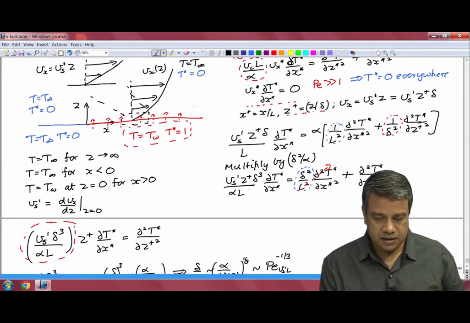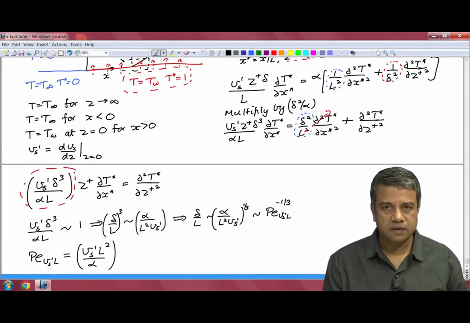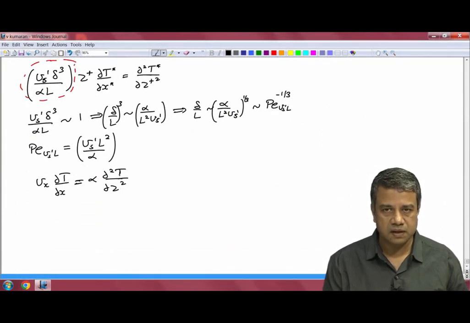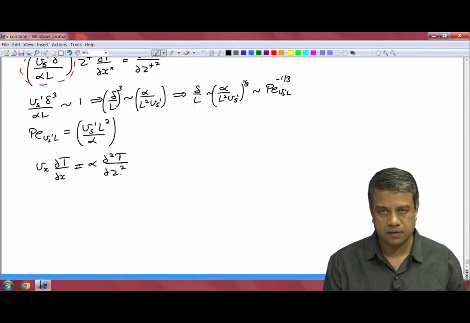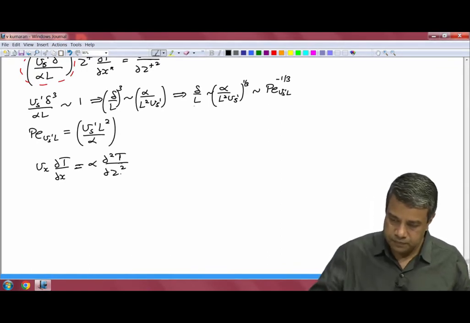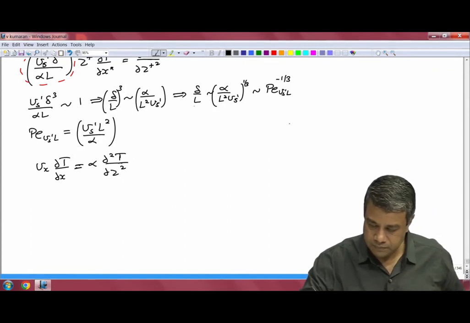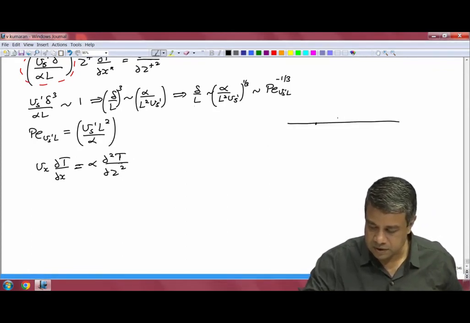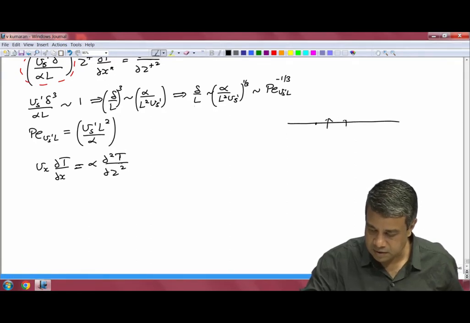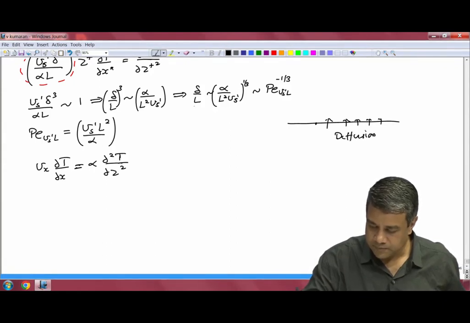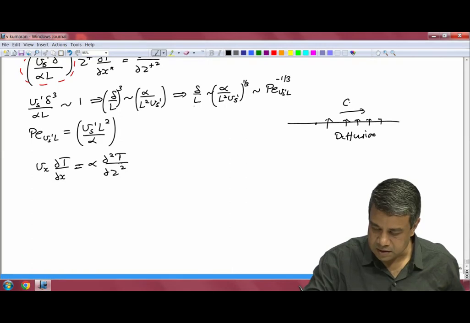So, as you can see, within this boundary layer I have included only diffusion in the cross stream direction, and convection in the streamwise direction.